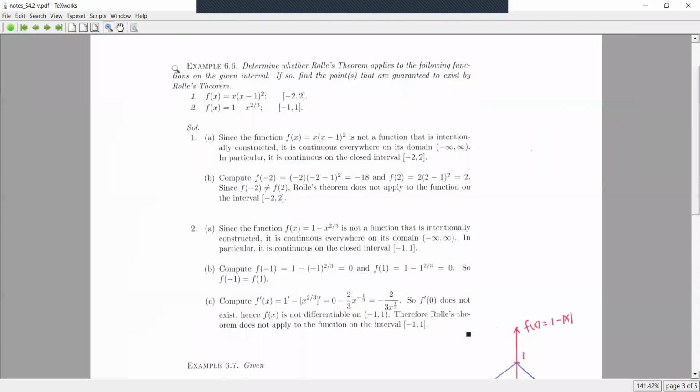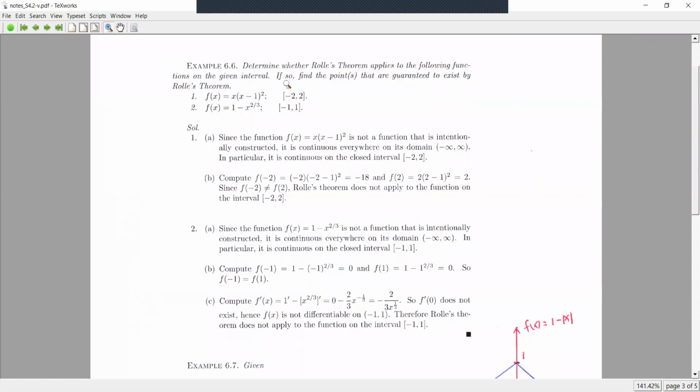Some examples about Rolle's theorem and the mean value theorem. Example 1. Determine whether Rolle's theorem applies to the following functions on the given intervals. So you need to check the three conditions in Rolle's theorem.